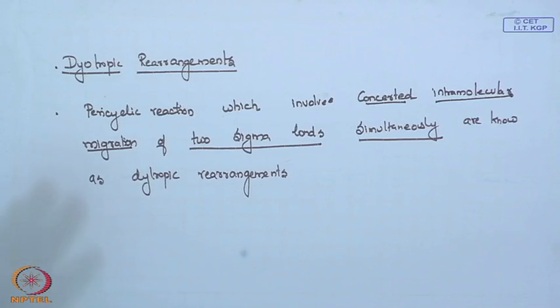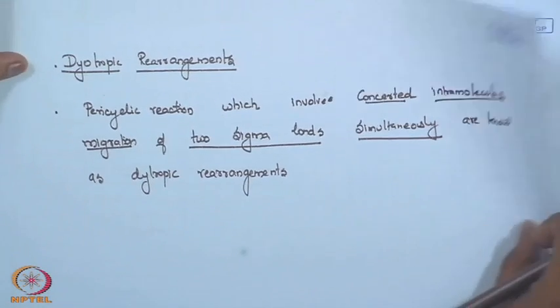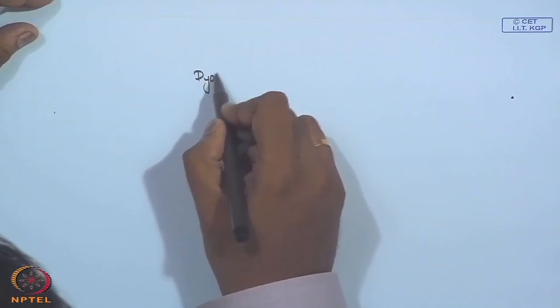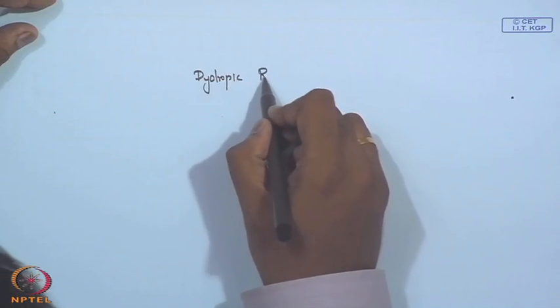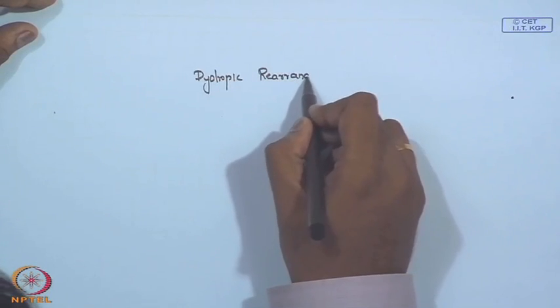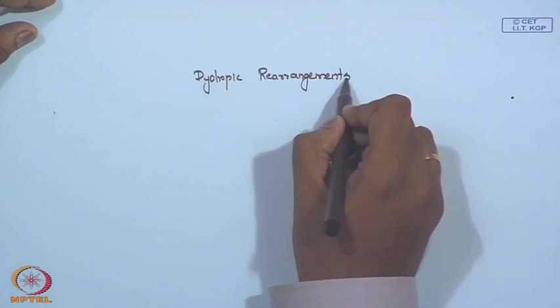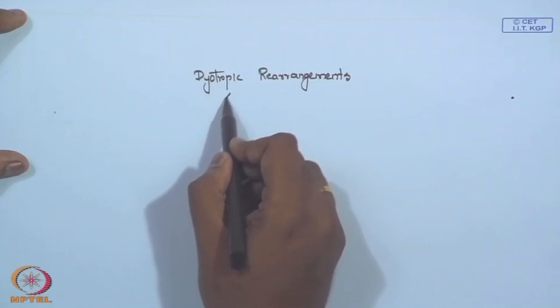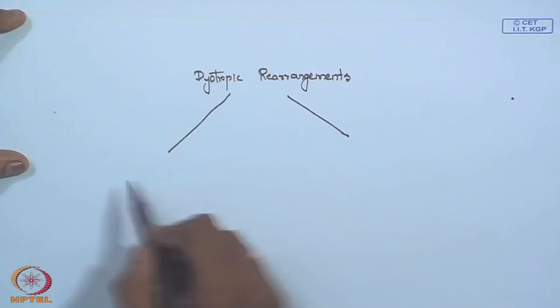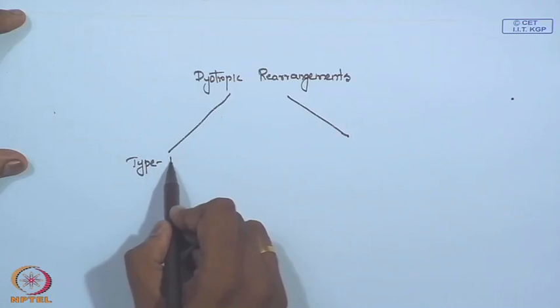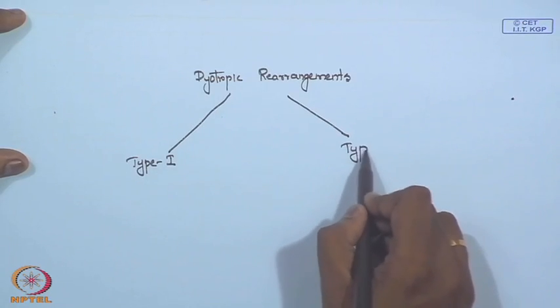Type 1. In type 1, two migrating groups interchange their relative position. So dyotropic rearrangements can be classified into type 1 and type 2.